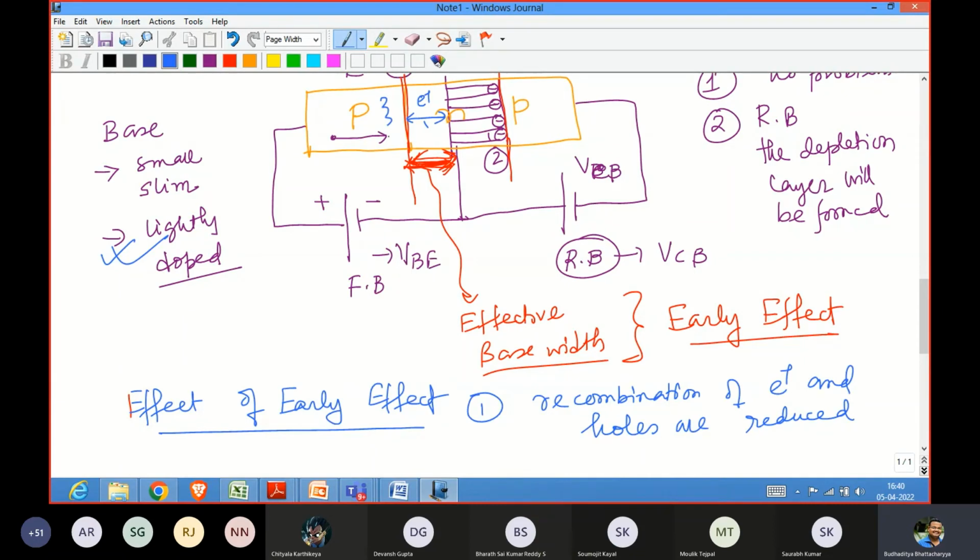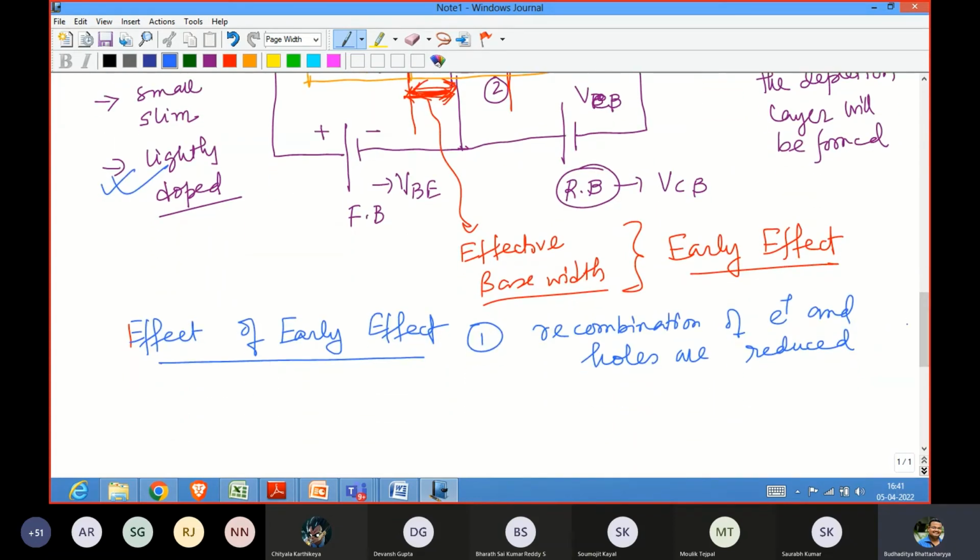As the base width is small, and N is slightly doped, it will have a very small amount of electrons compared to the holes if it is a PNP transistor. So my conclusion is that the recombination of electrons and holes is significantly reduced. Now my question is, is there any specific advantage to this if the recombination of electrons and holes is reduced in the base region?